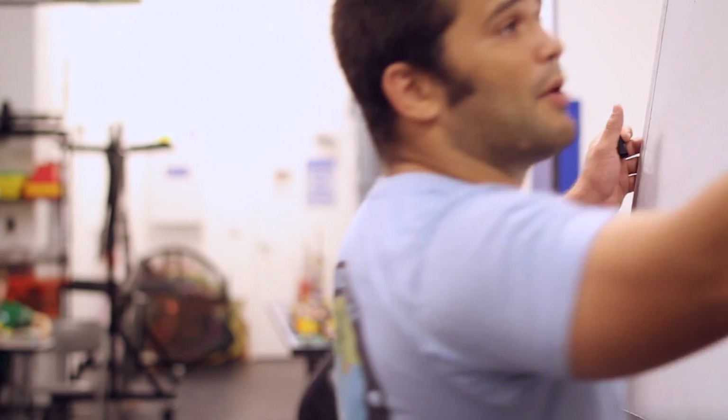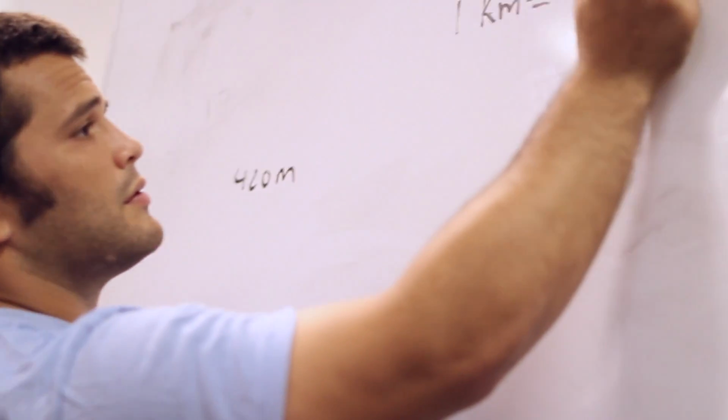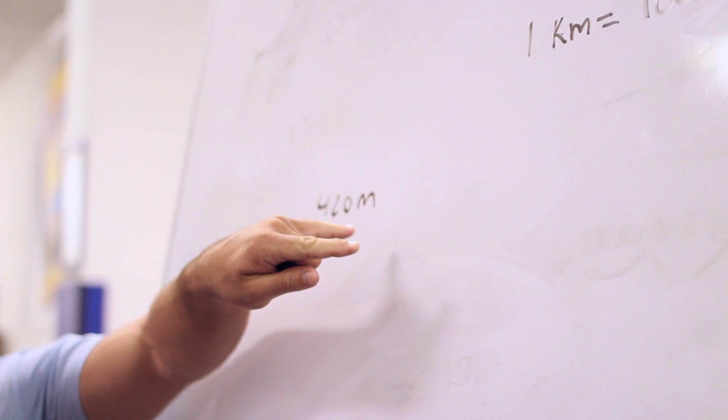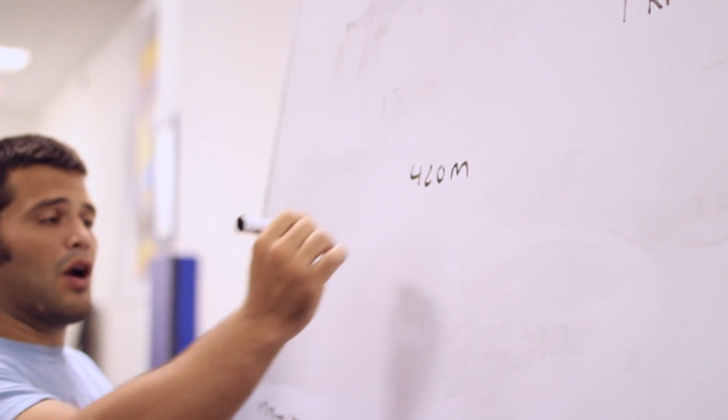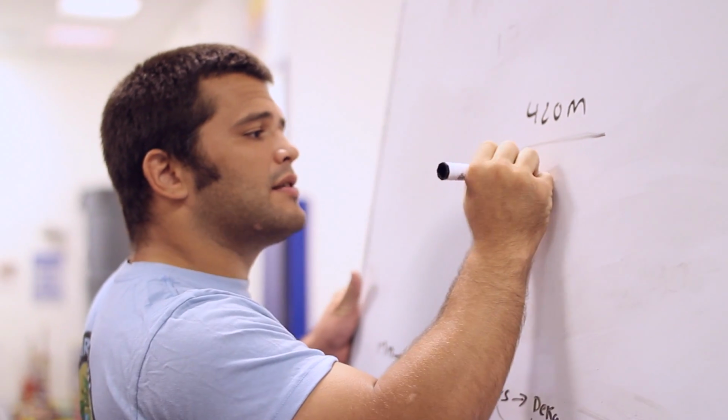You have your own conversion, right? So 1 kilometer equals how many meters? 1,000. Right? So 420 meters divided by what? 1,000. 420 out of 1,000 is going to tell us what? The fraction, right?